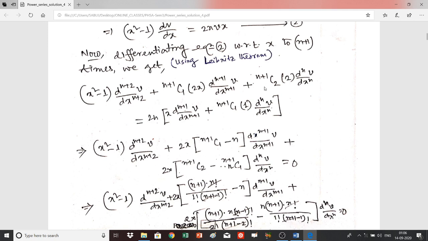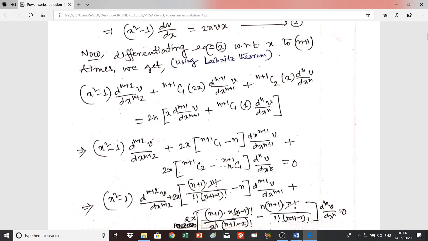from the remaining terms, that means this term and this term. So here you see that from this term, if you take 2 as a constant term, the remaining part will be nC1, and also we take d^n v/dx^n, and d is a constant, and it is a common term from this term and from this term. So 2 into d^n v/dx^n.